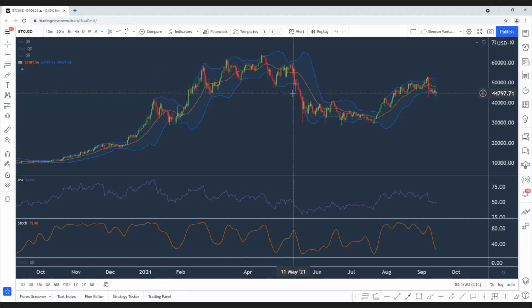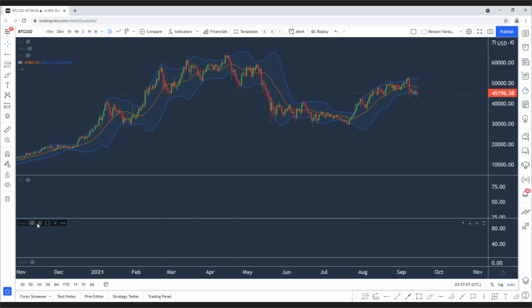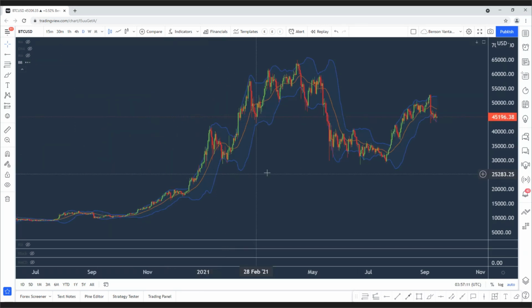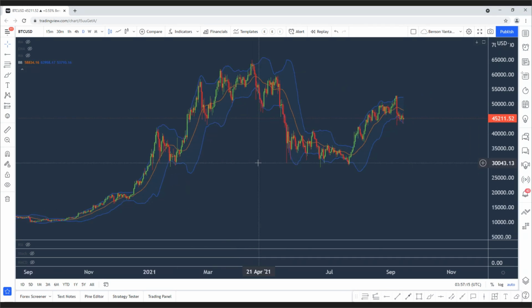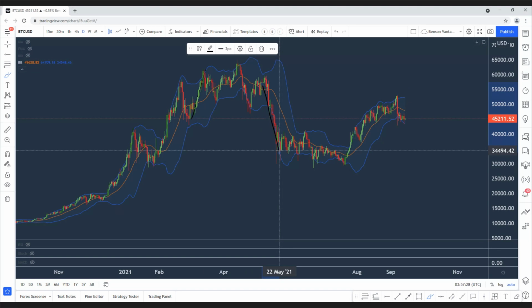On Bitcoin, let me just turn off the RSI and stochastic. If you guys are into crypto, you will notice that crypto prices tend to be more volatile, meaning that it can have very high swings and it can drop very quickly also.